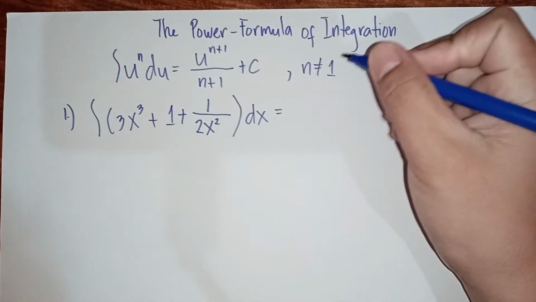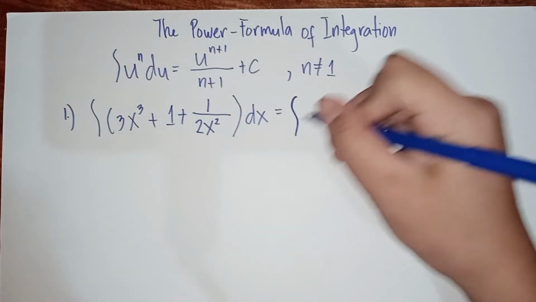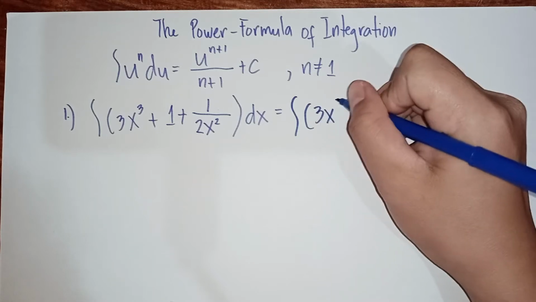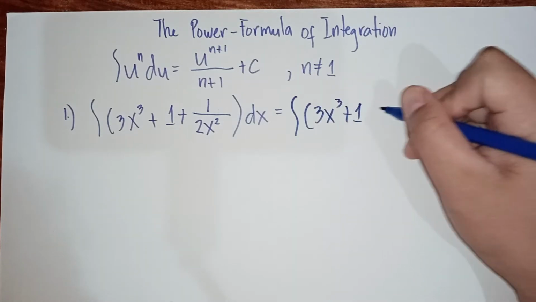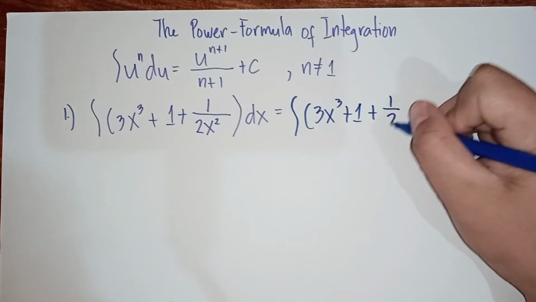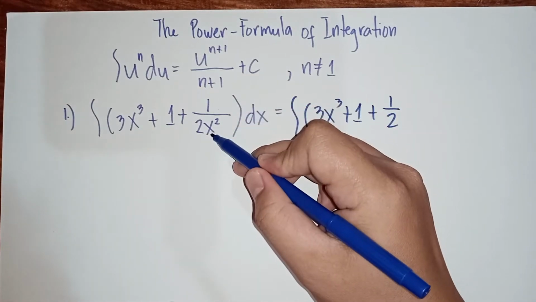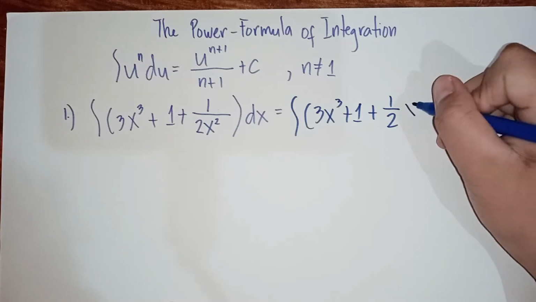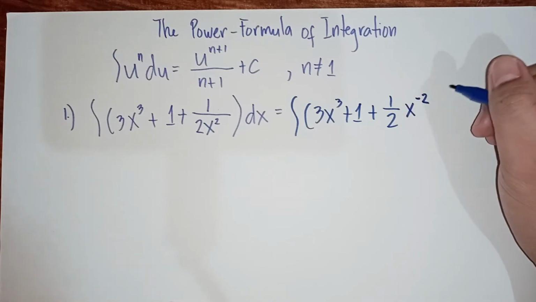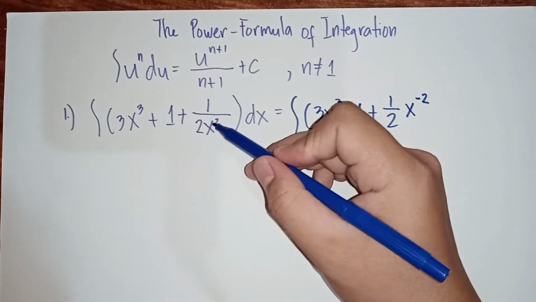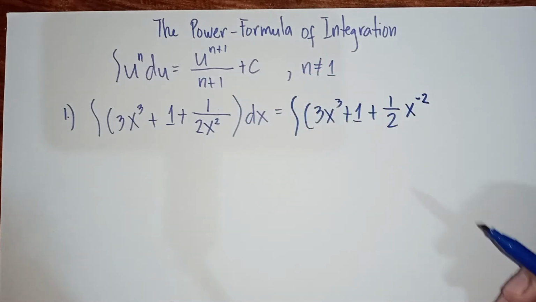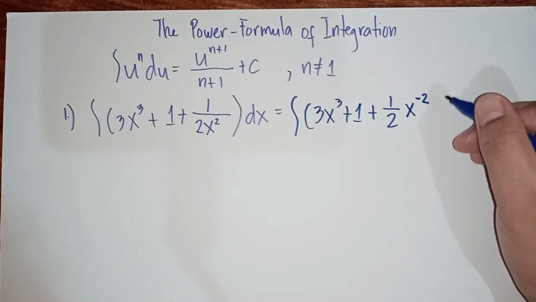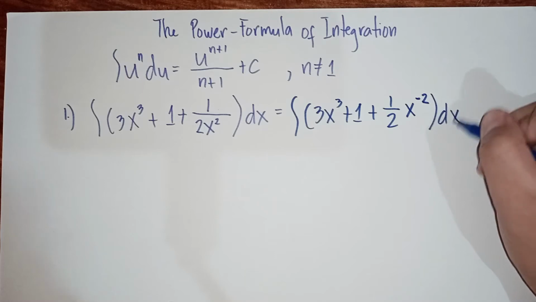So, pwede din natin isulat ito na integral of 3x cubed plus 1 plus 1 half, ilipat natin yung x squared na sa denominator to numerator using the law of exponent. So, magiging x raised to negative 2 yan mga boss. Diba? So, sa law of exponent, pag kinuha mo yung reciprocal, nag-change yung exponent niya from positive to negative or vice versa. That is times dx.